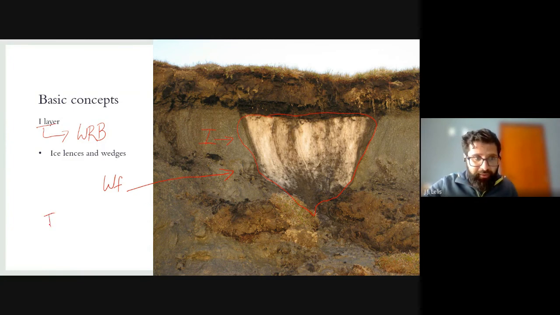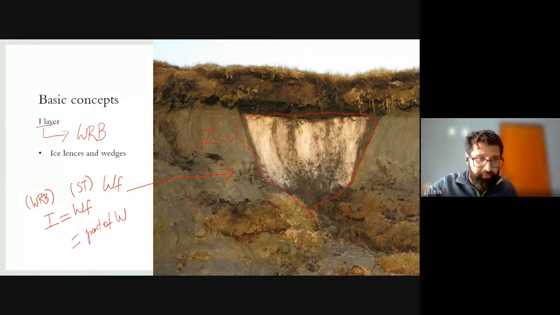So the I layer is equal to the WF layer, but the I layer is from the WRB, and the WF is from soil taxonomy, okay? And the W layer in soil taxonomy is equal to the W layer of the WRB, okay?